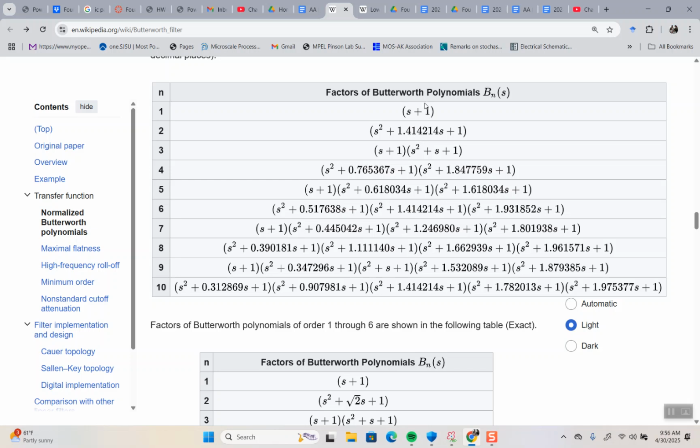If you want to change the frequency, here the frequency is 1. This is the cutoff frequency. Here, this is the frequency term squared, cubed, and so on.